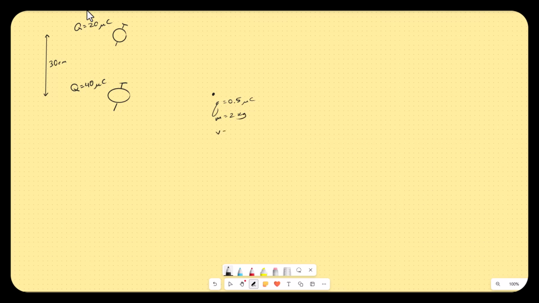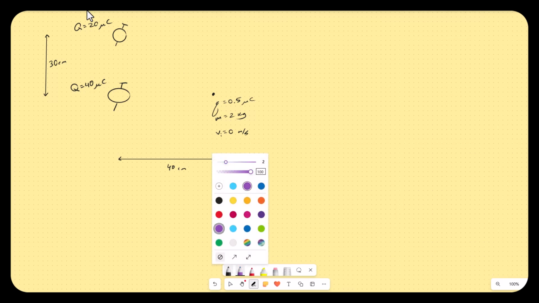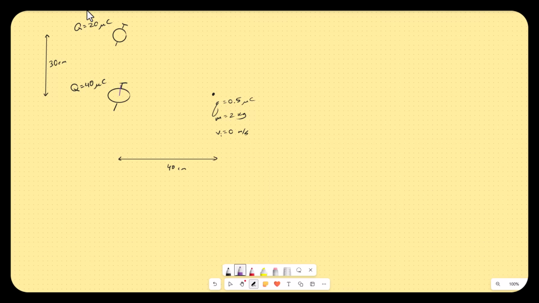We'll say a speed of 0 meters per second. And we'll start that one 40 centimeters away, honestly, just so that I can 3, 4, 5 triangle this thing, because it makes for a good example. The 3, 4, 5 triangle that I'm talking about is right here: this is 30, 30, 40. So the hypotenuse must be 50.